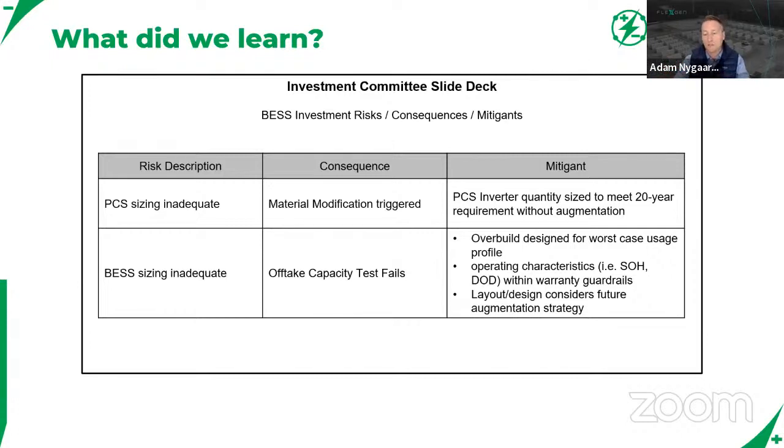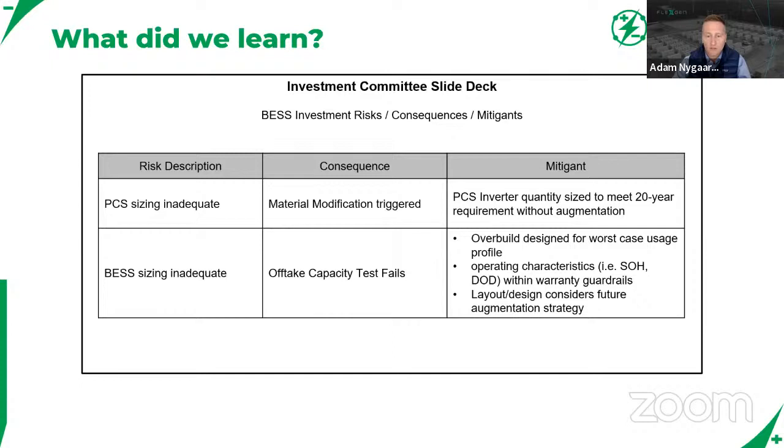If your model isn't sophisticated enough to take into account those operating characteristics and guardrails that are within your battery warranty, then your pro forma model and IRR is at risk. And then finally, a point about layout and design, having that to consider future augmentation strategy.